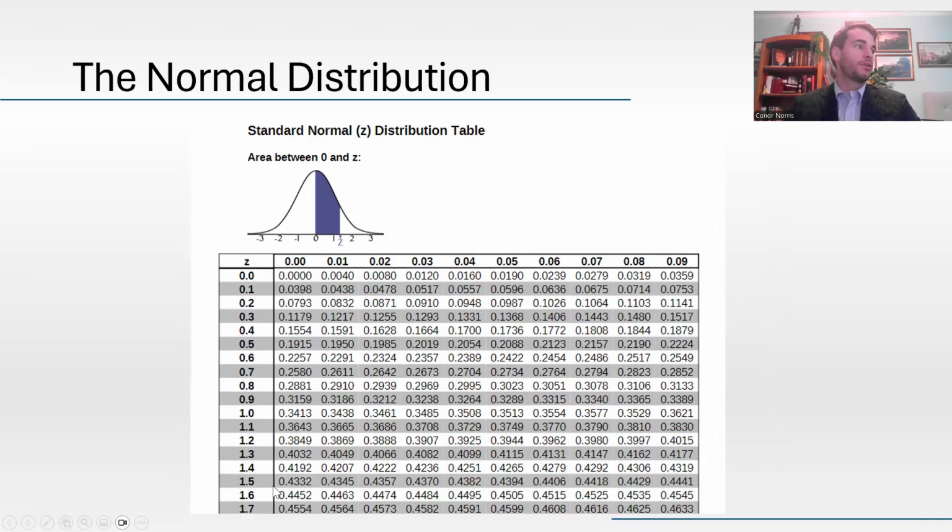We just look at where those two cross on the table, right here at 0.4332. So what this tells us is that there's a probability of 43.32% that an observation would fall between 10 and 17.5, or between the z-score of 0 and 1.5. So there's a 43% chance that an observation would be between 10 and 17.5.